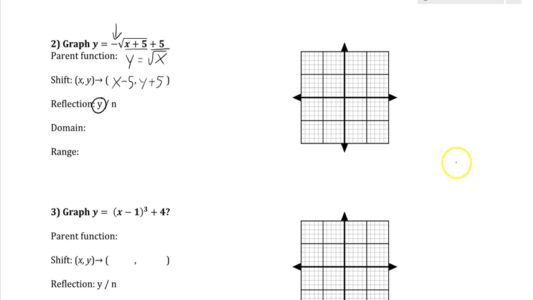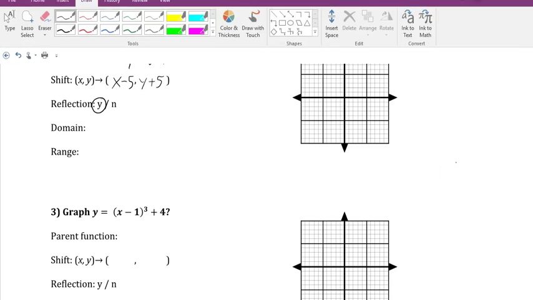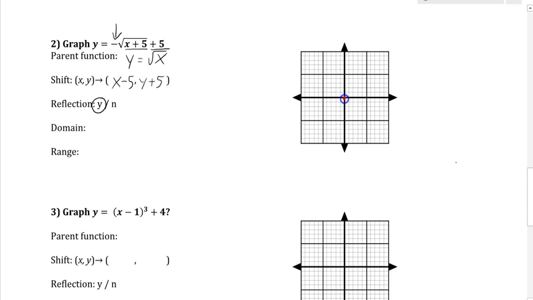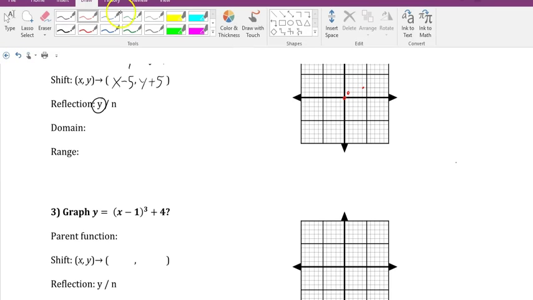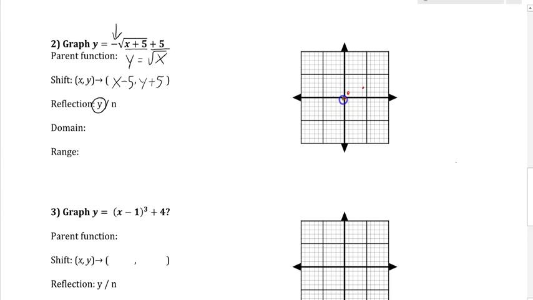And so we're going to take our original points, 0, 0, 1, 1, and 4, 2. We're going to reflect them over the axis. So we're going to get, I'm going to use green, 0, 0, 1, negative 1, 4, negative 2.